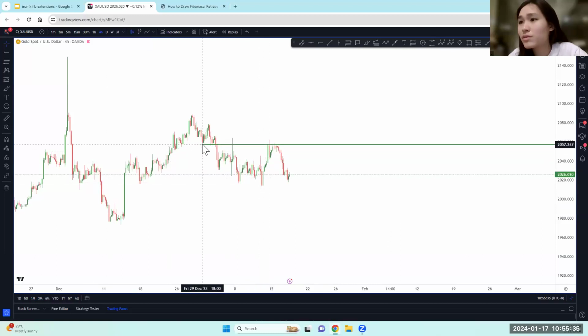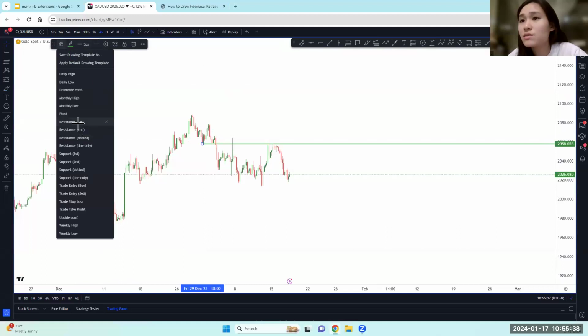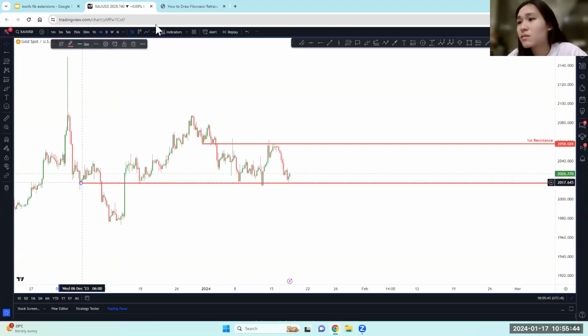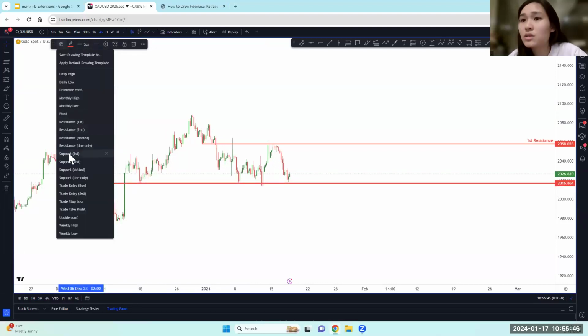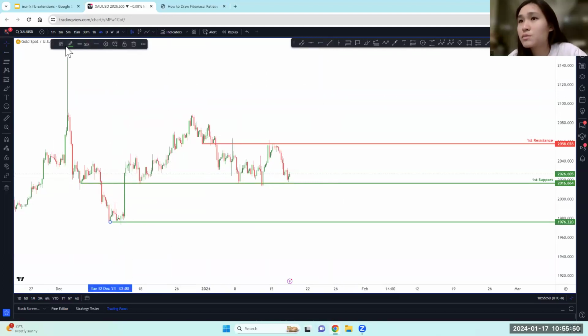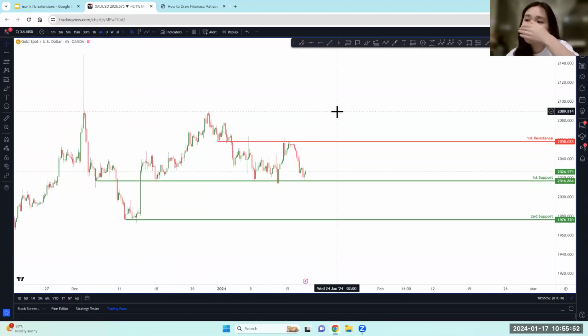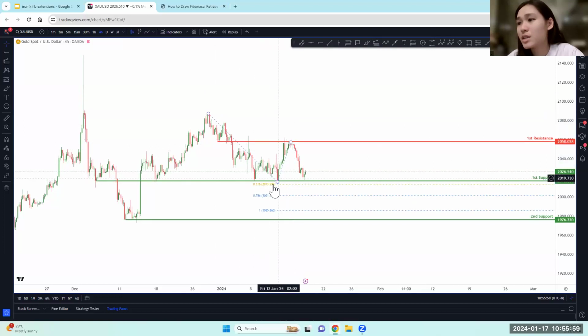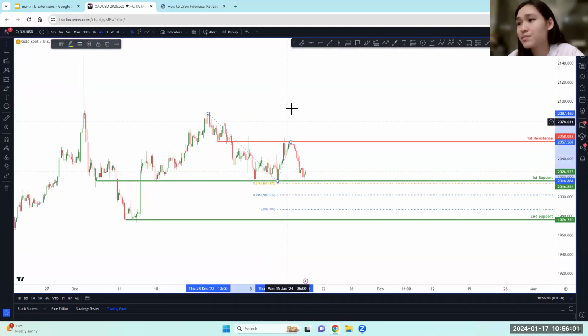This would be my first resistance, this is my first support, and then my second support here. Going in with a projection again, it's in line with my 61.8.